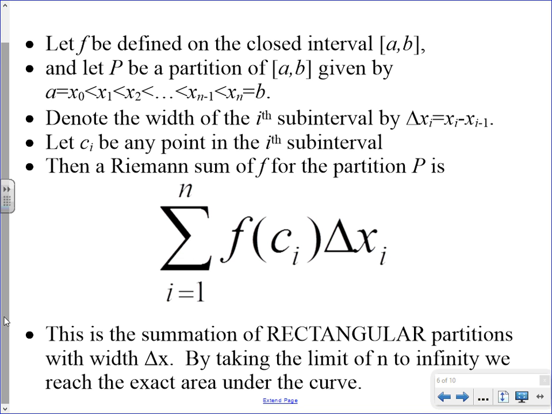When we take the limit towards infinity, the number of partitions will approach infinity, and then our width will be infinitely small. So by doing that limit and creating infinitely many rectangles, we get the exact area.